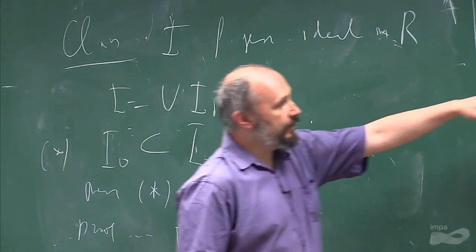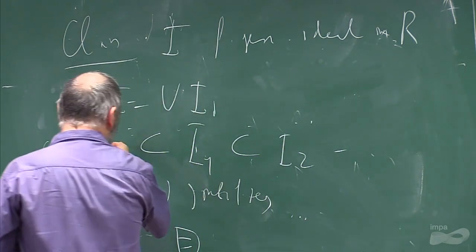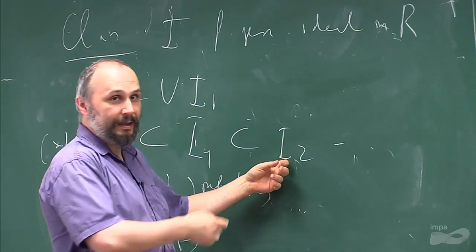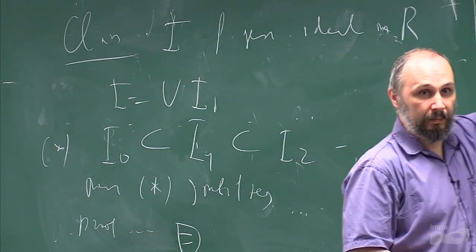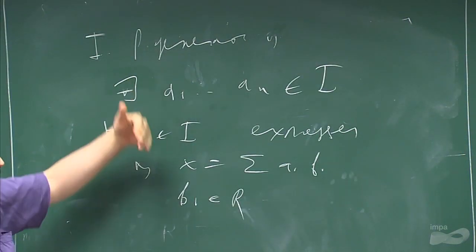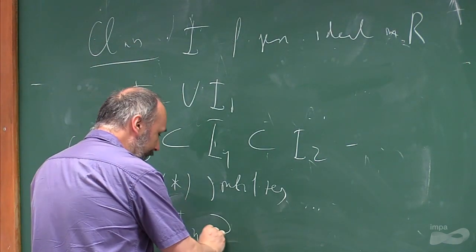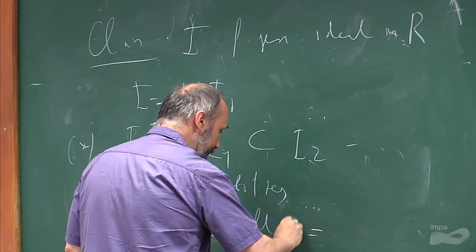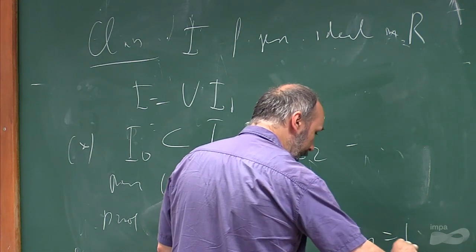You just take these generators. Each of these generators is present in one of these ideals. So take the biggest one, which contains all of them. It generates I. So you take In, which contains all the Ii, and all these generators, and then In is equal to I.